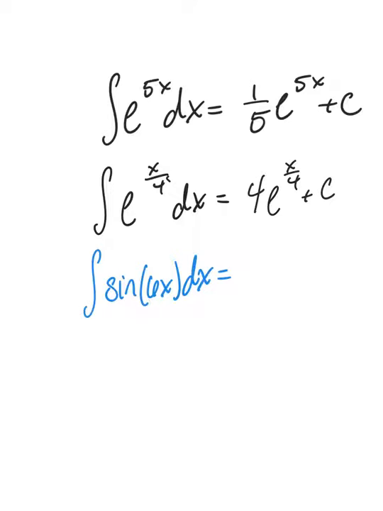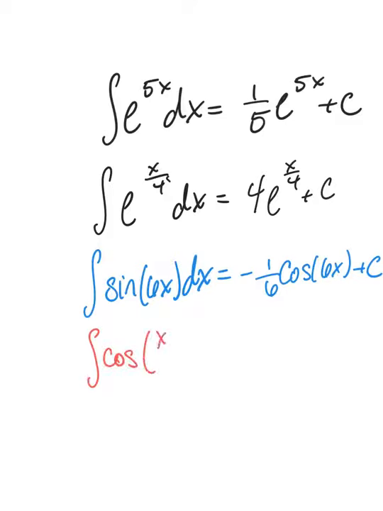That's it. So I could say, okay, I know the antiderivative of sine is what? Negative cosine of 6x. And I have to undo that times 6. I'd be multiplying by 1/6. You see how that works? Or if I have to figure out the antiderivative of cosine of x over 3.